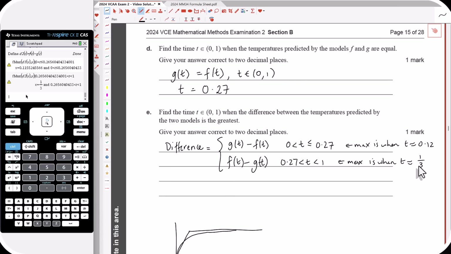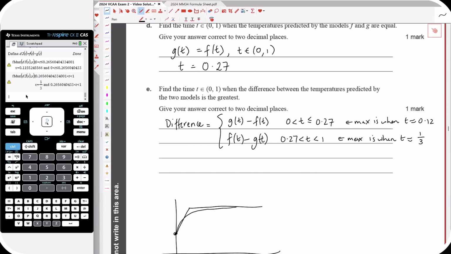Okay, so we then need to work out the greatest difference. So we want to know what is the value of d1 at that 0.1155245566. Okay, that's the distance.